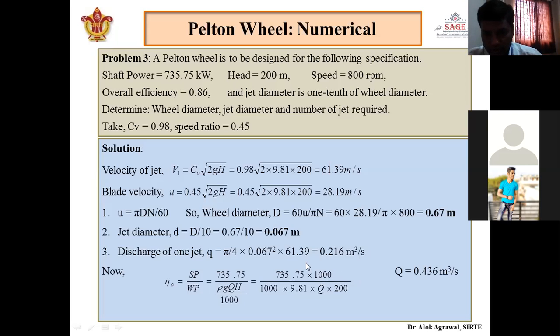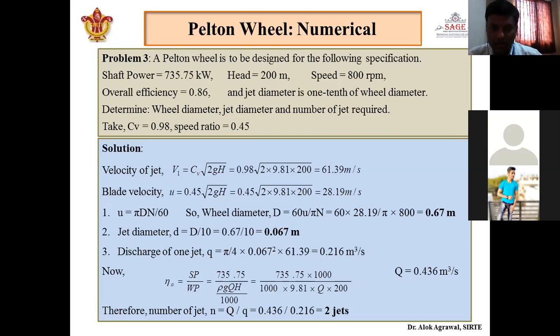From this formula, with overall efficiency 0.86, by solving we get q equal to 0.436 meter cube per second. So small q is known, capital Q is known, and the number of jets will be the ratio of capital Q by small q. Capital Q is the overall discharge required to produce this much power, and small q is the discharge through one jet. So we get the number of jets as 2.